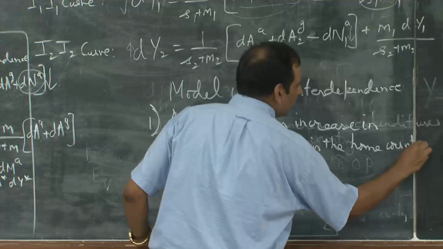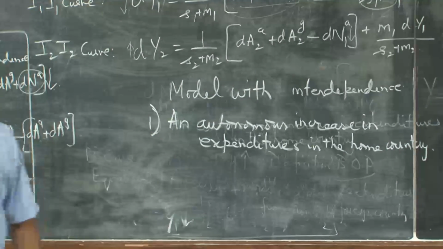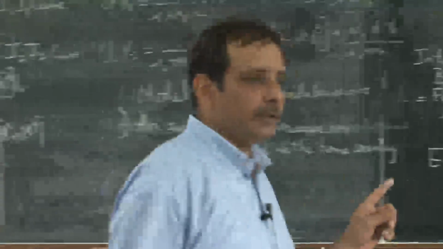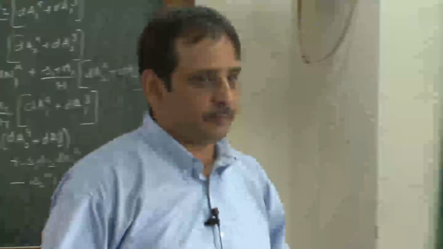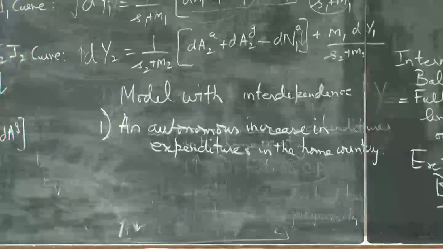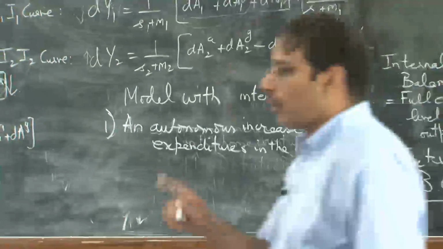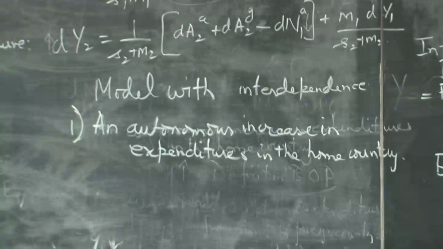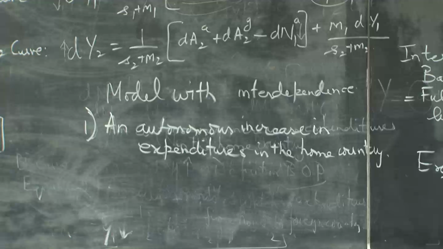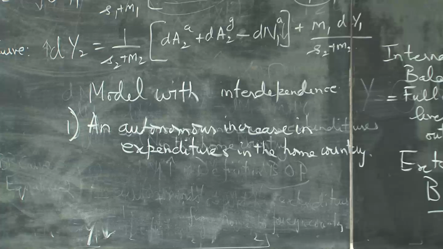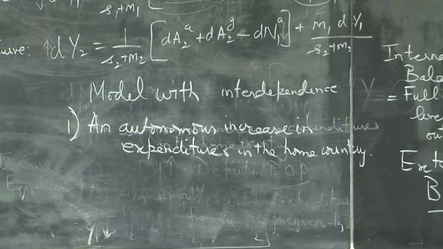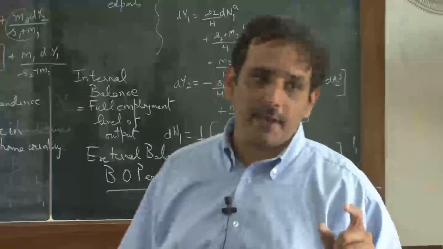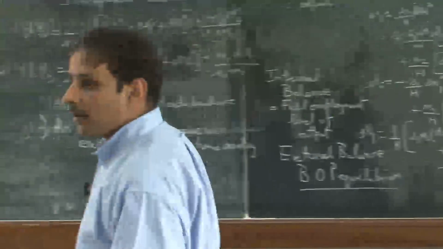So it's a little bit complicated case, because here the home country decides to do nothing. You already know that when there is an autonomous increase in expenditure, the appropriate policy from both national and global point of view is to decrease the expenditures in the home country. Now, when I say appropriate policy from national and global point of view, I am bringing in what happens in the foreign country.